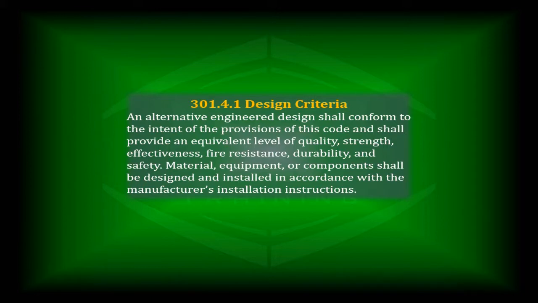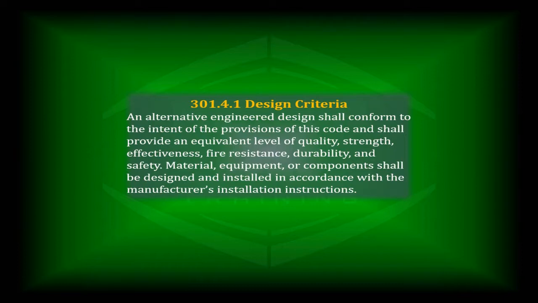All very straightforward things. Material, equipment, or components shall be designed and installed in accordance with the manufacturer's installation instructions. And that's fairly straightforward. Basically, what you've got there is a requirement to have the manufacturer's installation instructions on site. Now, for some of you, you might be thinking to yourself, well, that's kind of petty. Why would they want that?